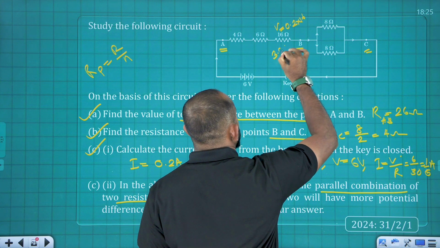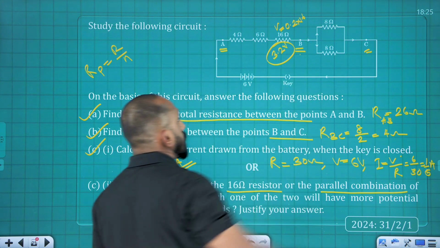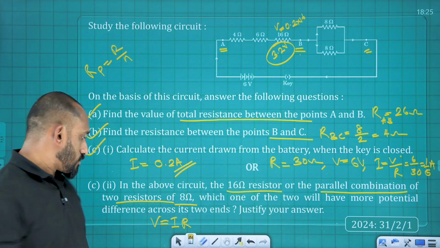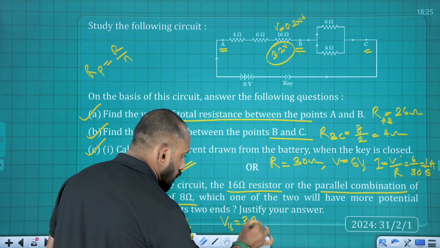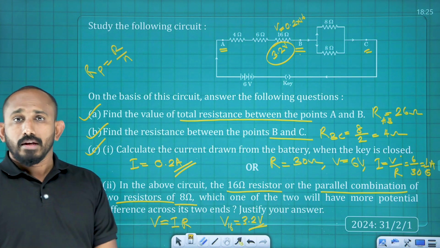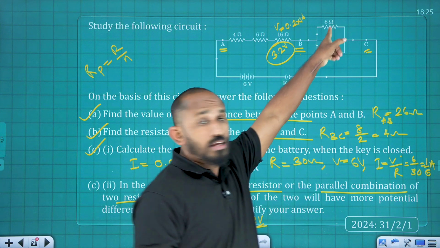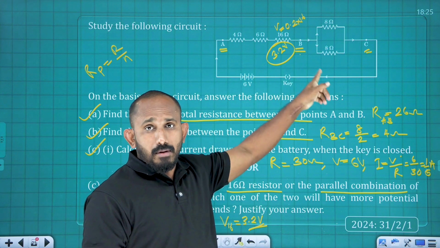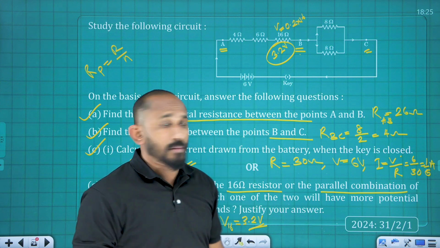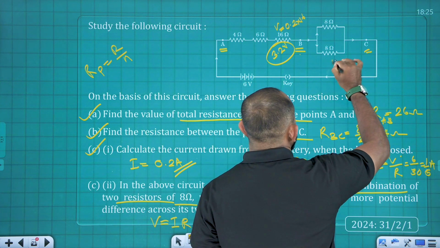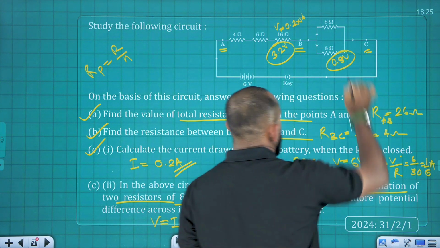So we have 3.2 volt across 16 ohm. Now across these two, in total how much? The 8 and 8 together give 4 ohm. We have 4 into 0.2, which is 0.8 volt total here.